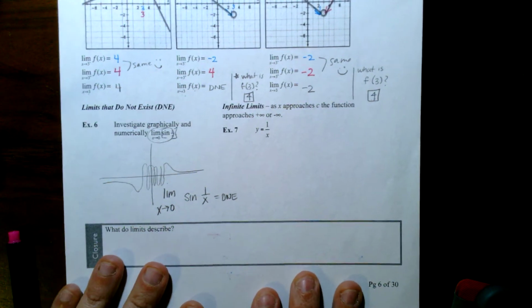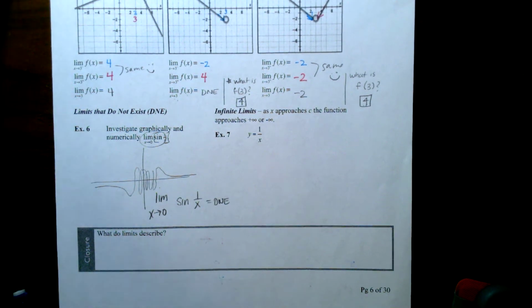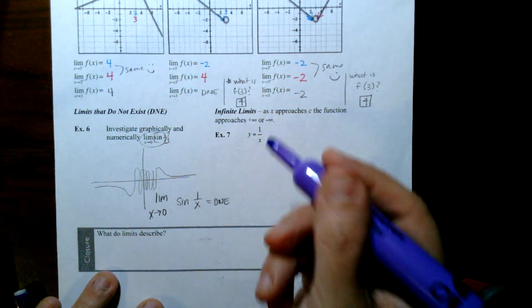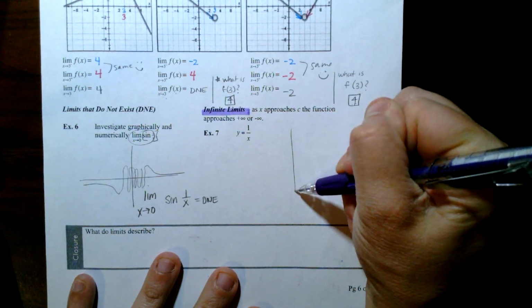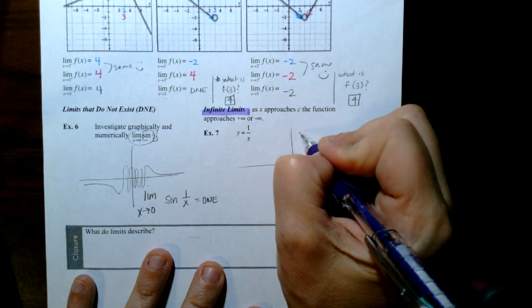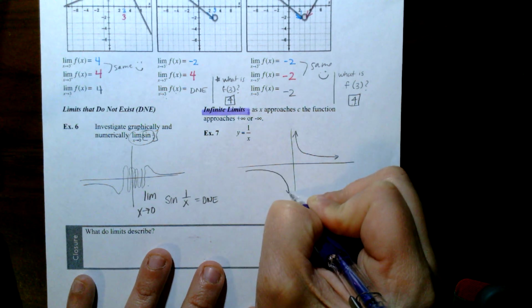Okay? But now we should be able to talk about example 7. Okay? Example 7 is going to be what we call an infinite limit. Okay? Infinite limits. So 1 over x is a rational function. It looks like this. And it looks like this.